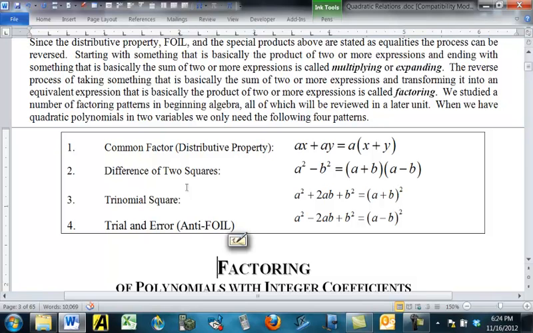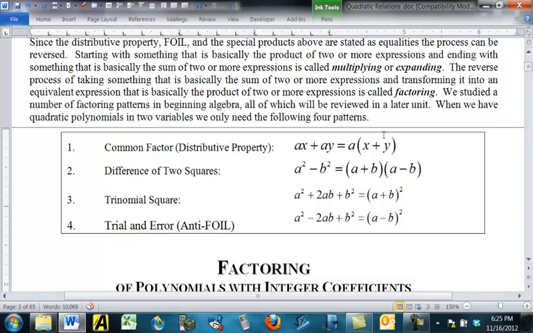The first thing we can do is called common factor or distributive property factoring, where we start with ax + ay, and we write that as a(x + y). And our other special products we can write backwards. The difference of two squares, a² − b², comes from (a + b)(a − b). If you have a² + 2ab + b², that's (a + b)².